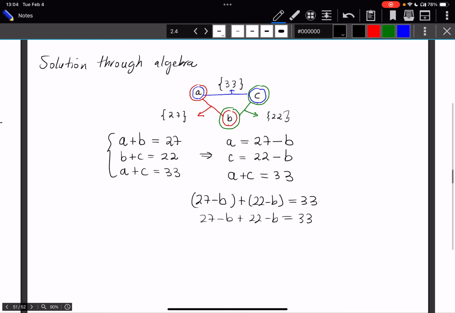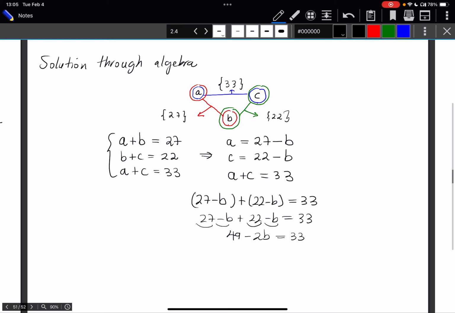We should have that 27 plus 22, and that's 7 plus 2, that's 9, and then 2 plus 2, that's 4. And then minus B, that's minus twice B, should be equal to 33. We're collecting like terms on the left-hand side of the equation.